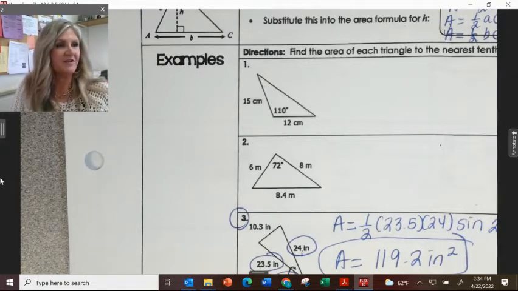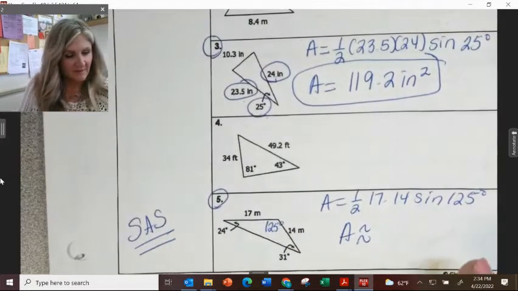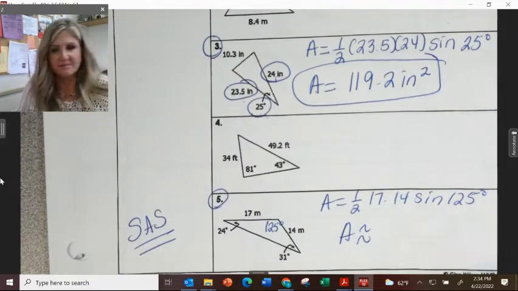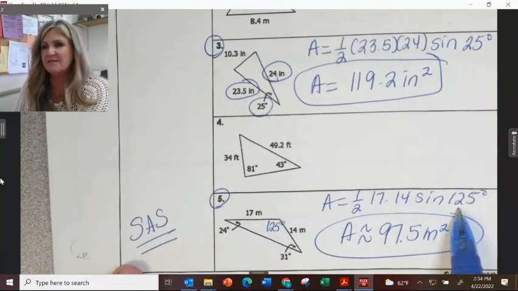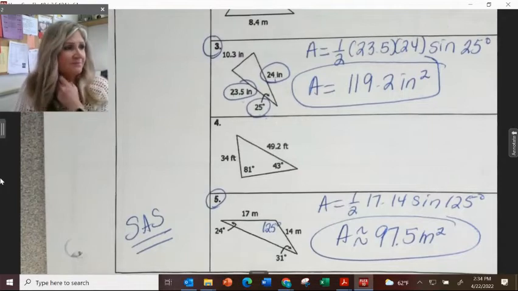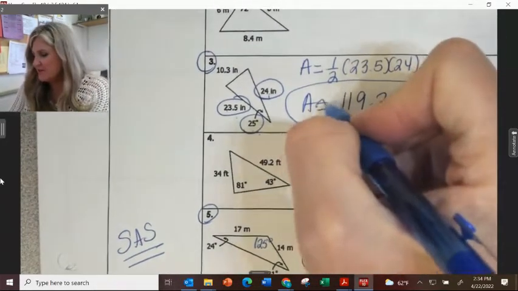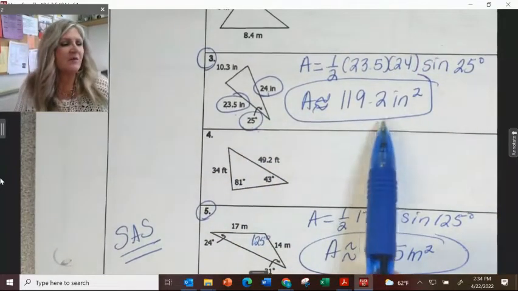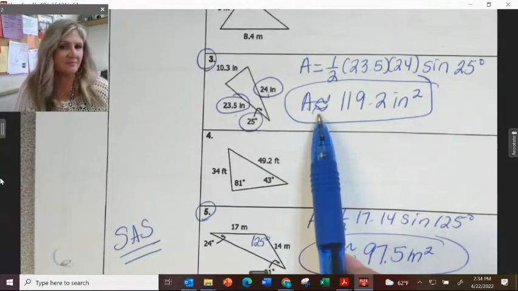All right, raise your hand when you think you know it. Okay, Maya, what'd you get? 97.5 meters squared. Olivia, did you get the same thing? Great. 97.5 square meters is correct. That's the setup. Okay? Yeah, Maya. On number 3, it's equals, and on number 5 this should have been approximately. Anytime we round, we should be putting these squiggles to mean approximately.